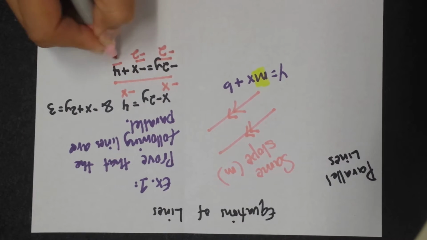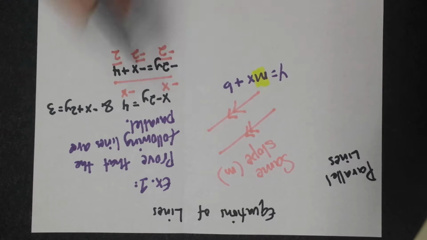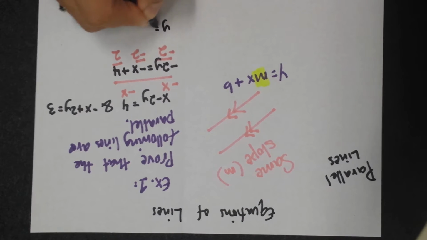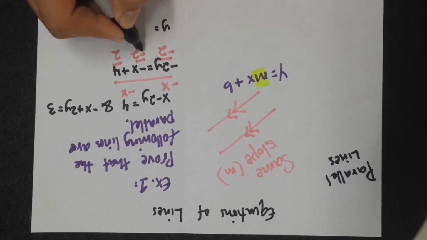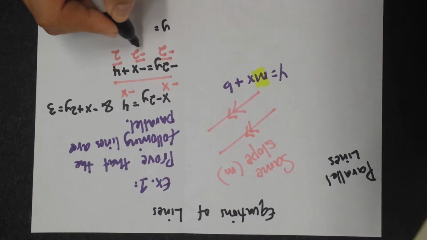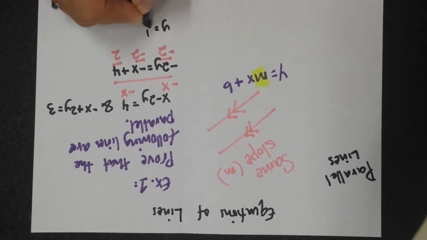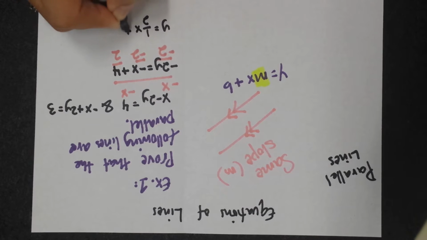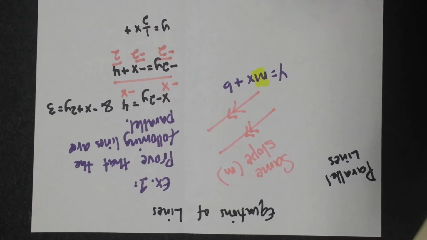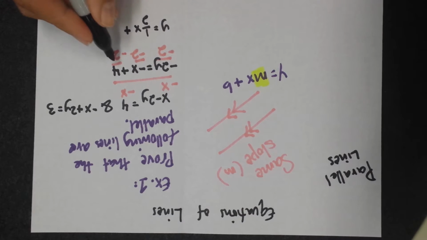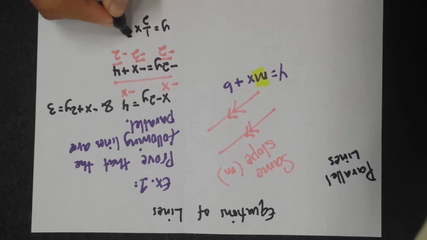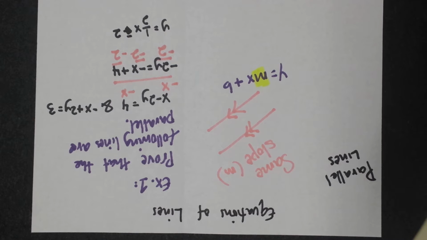Divide everything by negative 2. So you're going to get y equals, negative divided by negative is going to give you a what? Positive. And so you're going to have 1/2 x plus 4 divided by negative 2. I forgot a negative there. 4 divided by negative 2 is going to be negative 2. So that's that equation.